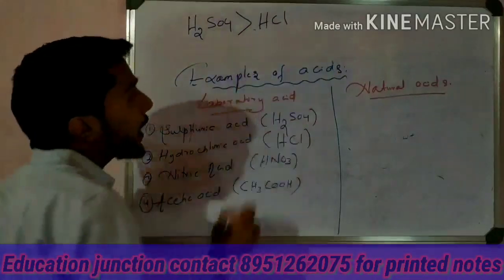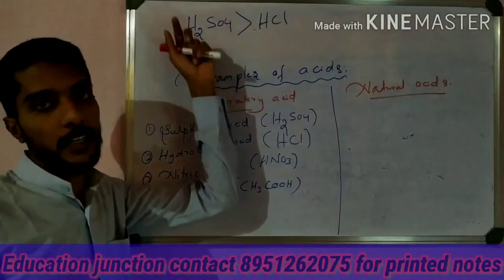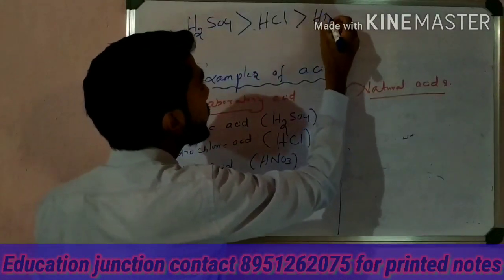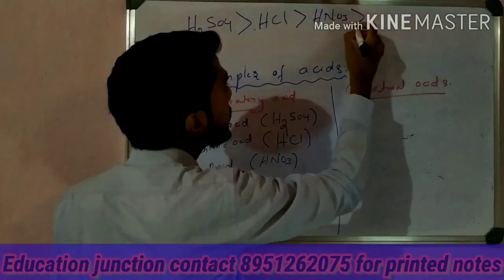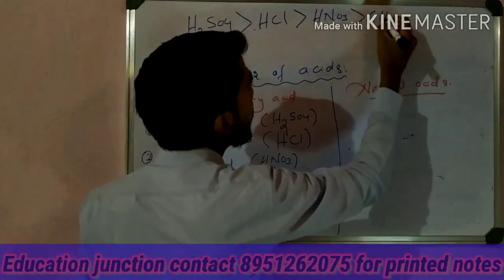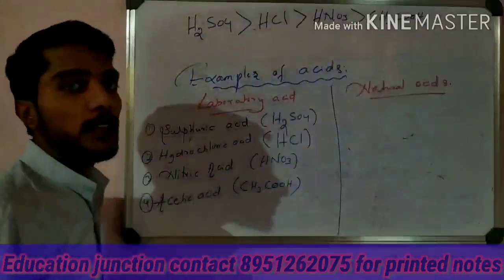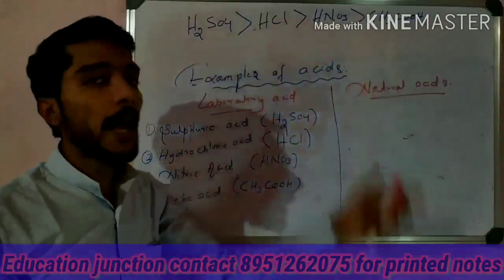So HCl is weaker than H2SO4, but HCl is greater than HNO3, and HNO3 is greater than CH3COOH. This is called the acid category.